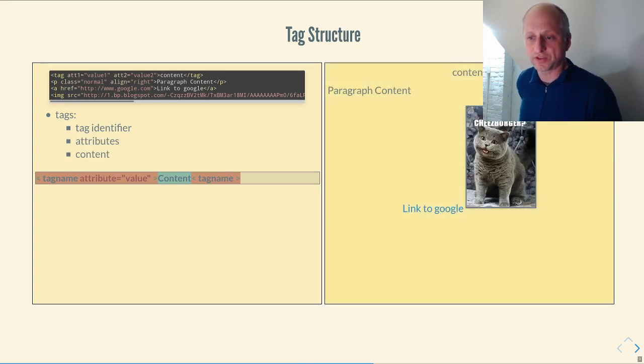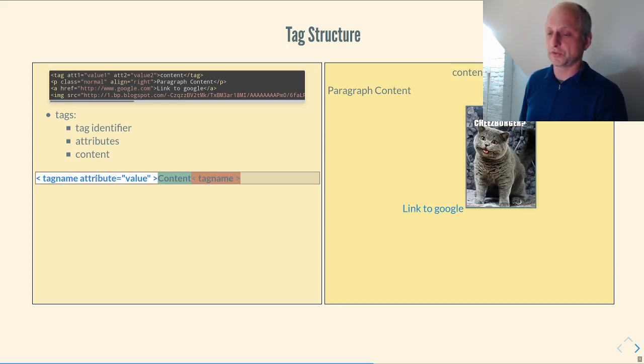If we look here, you can see I've outlined a generic tag, which begins with an open angle bracket. We have the name of the tag, and a set of attributes, maybe attribute 1, attribute 2, attribute 3, but usually they have names like class, href, source.